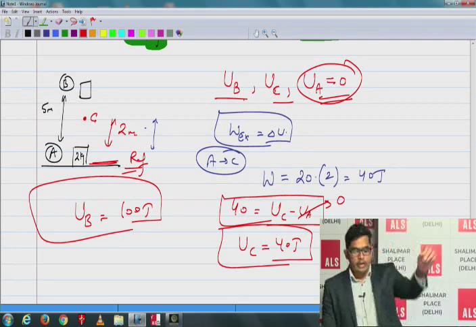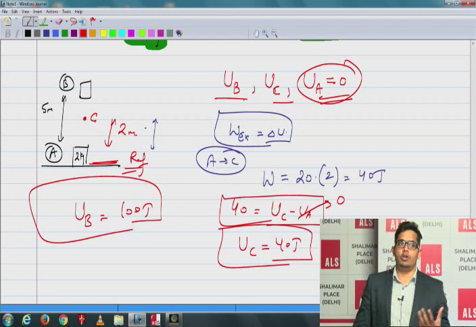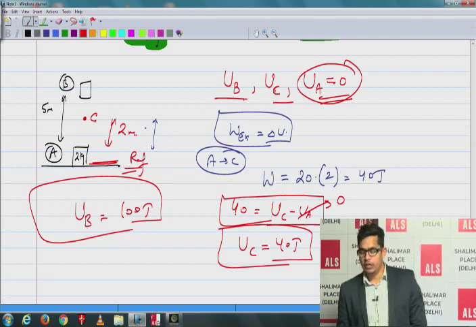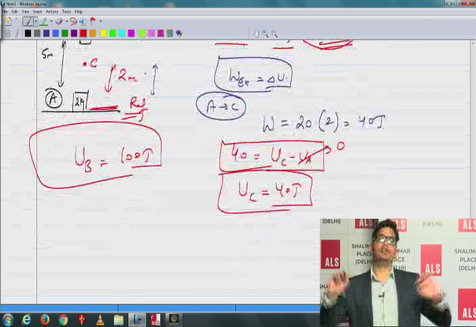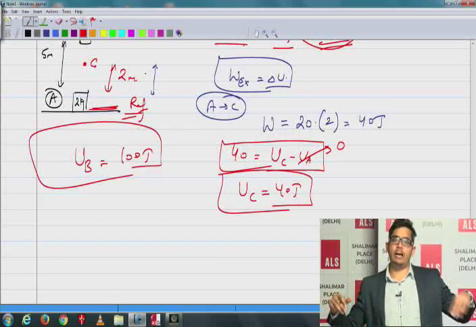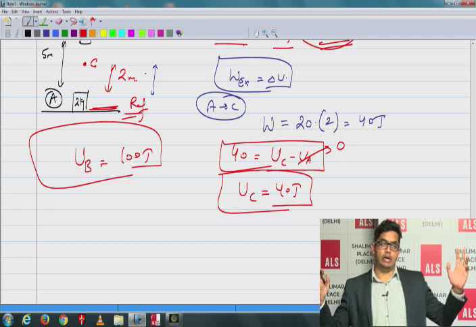Understood? Now still, some of the students will not be satisfied, and in a similar way, some of the scientists were not satisfied by this. So what they did, they said, let's take a universal reference to remove this ambiguity.